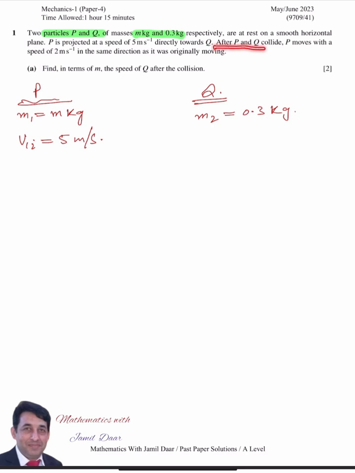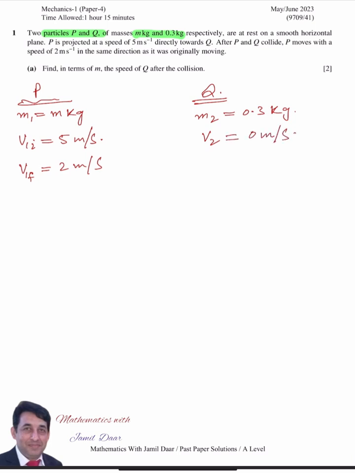After P and Q collide, P moves with a speed of 2 meter per second in the same direction as it was originally moving. So V1 final is equal to 2 meter per second. And Q was at rest, so V2 initial is equal to 0 meter per second.